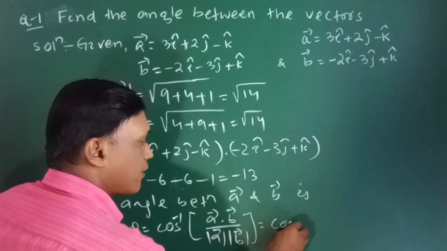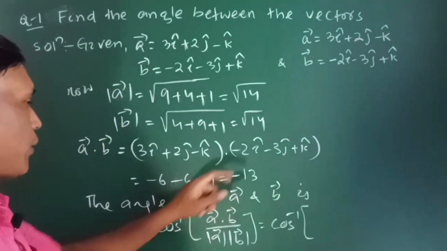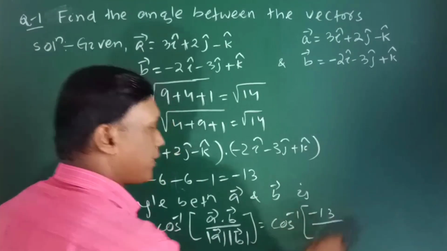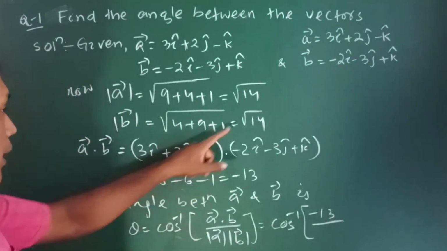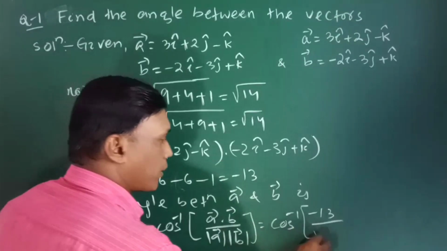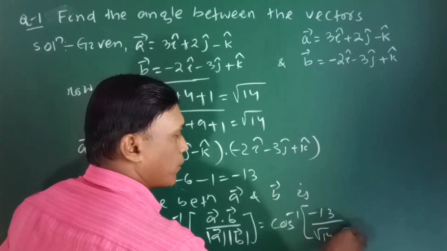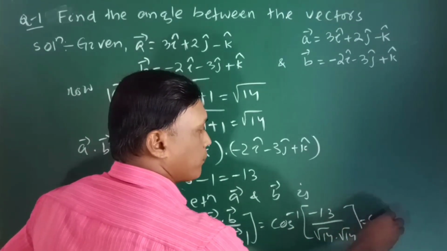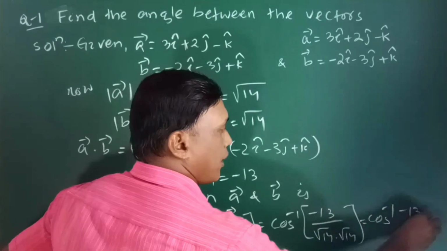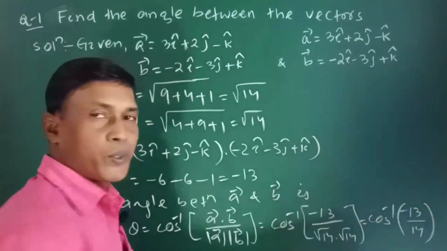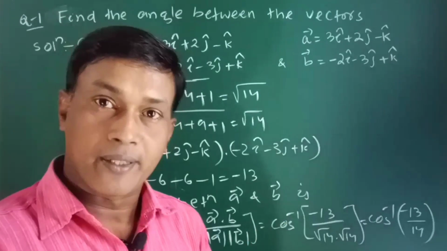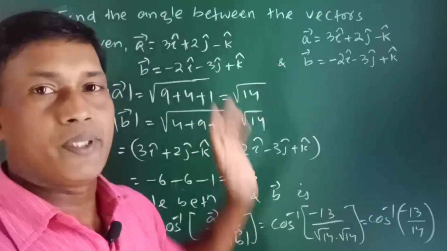This is cos inverse of a dot b, minus 13, by magnitude of a, root 14, into magnitude of b, root 14, which is equal to cos inverse of minus 13 by 14. So this is the angle between the two vectors a and b.